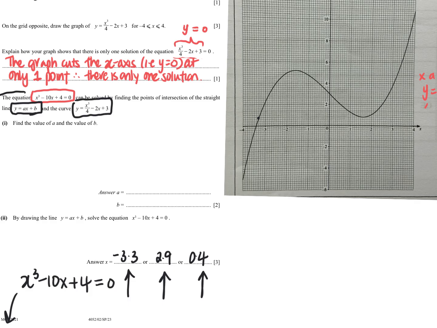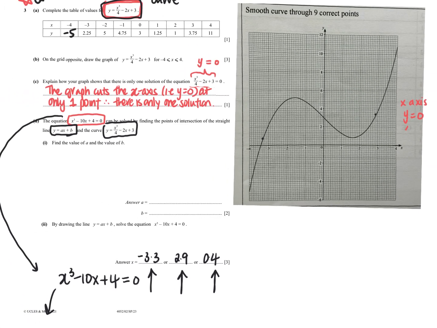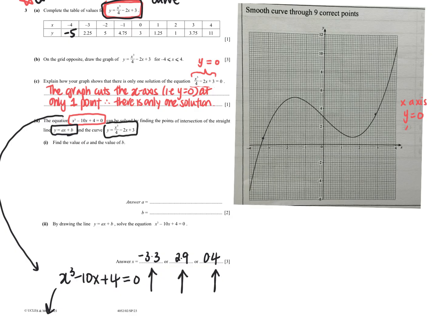So I want to be able to intersect at minus 3.3, which is here. So 1 point is here, right? Next one is 2.9, so 2.9 is somewhere here on the graph. Oh no, that's 3. 2.9 is here. The last one is 0.4, maybe here.